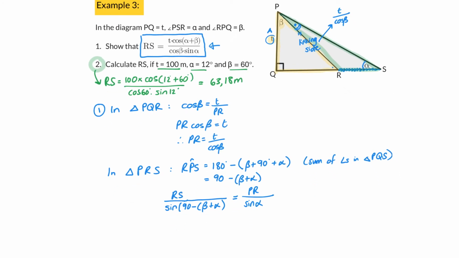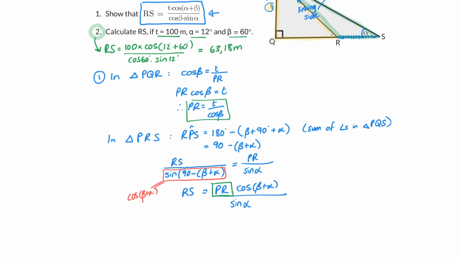So now RS is going to equal PR. And if I look carefully, that is a reduction formula. That's going to equal cos, because when I say 90 minus, it's going to change to a co-ratio, beta plus alpha. So PR times cos of beta plus alpha over sine of alpha. I also know what PR is, so let's substitute that in.